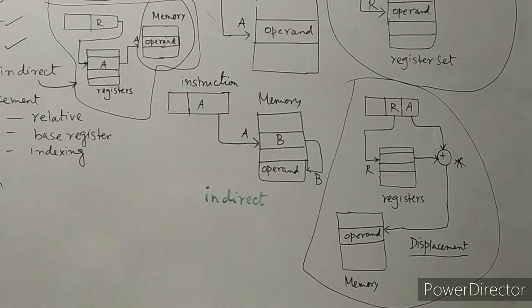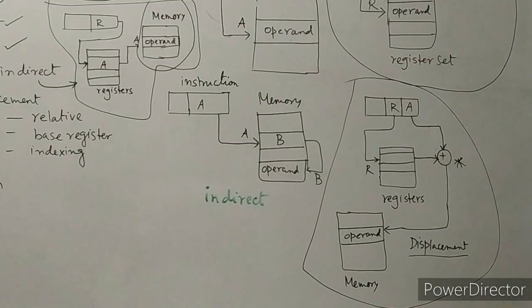Base register addressing mode means this register contains the base address, and the other address is an offset or displacement from the base address. If you add them, you get the physical address to be mapped onto the memory.